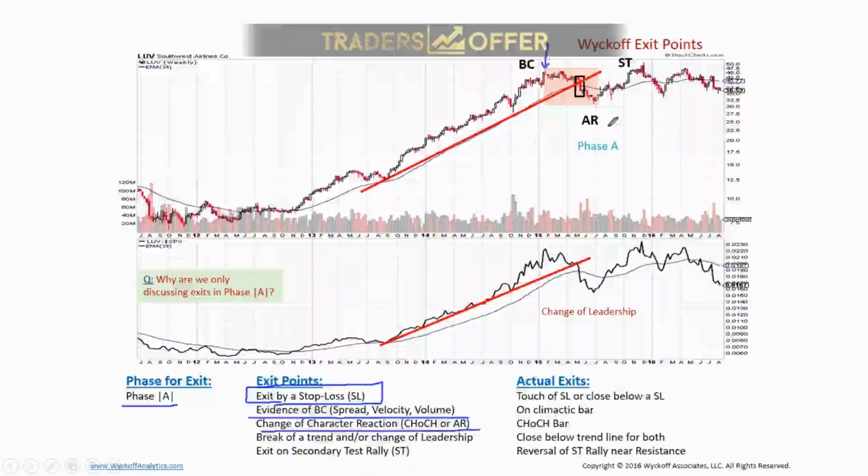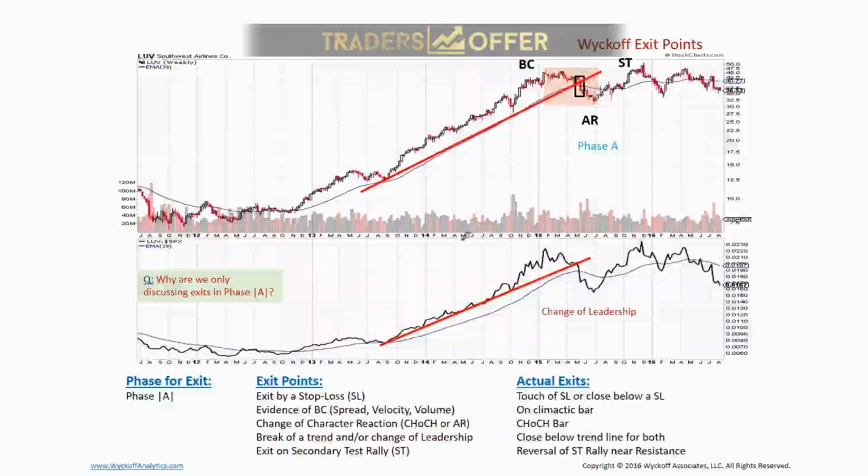Change of character. And we know how change of character acts. We want to have the largest reaction in the trend that has been established and has been going up for some time. We can see this change of character quite visibly.